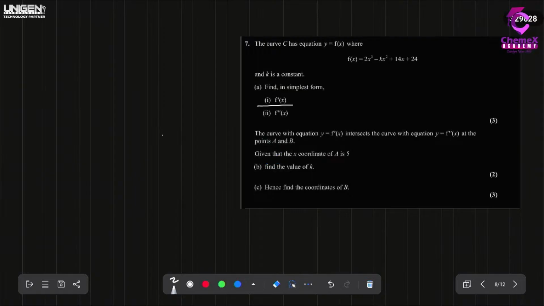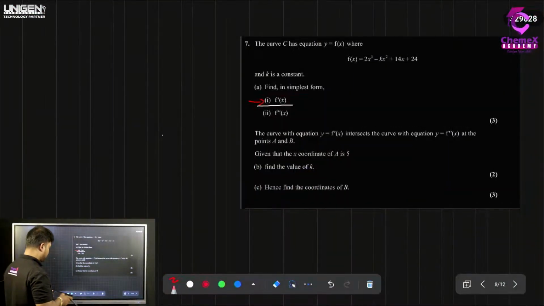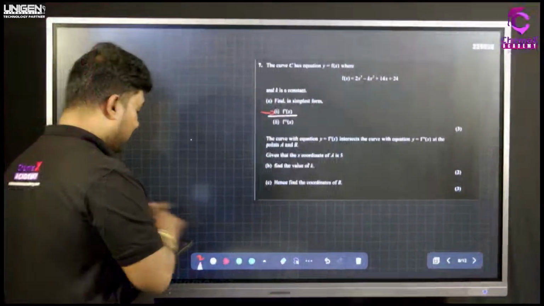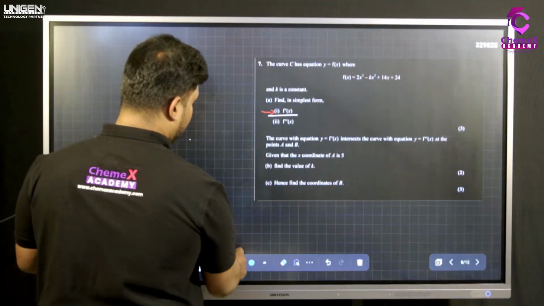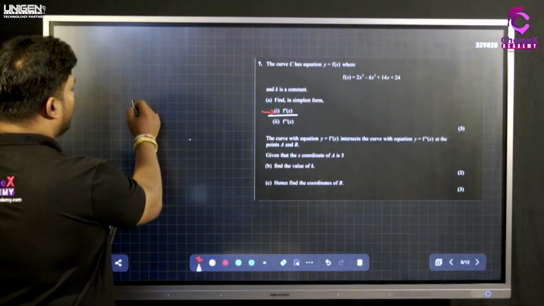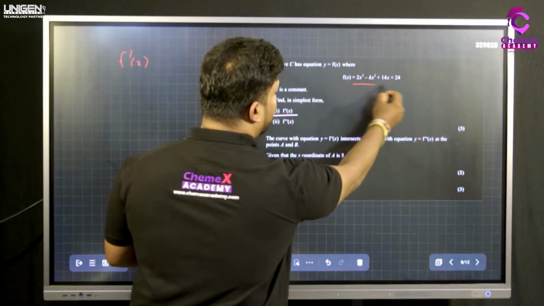So first part, f dash x. F dash x is what? Differentiation. So if you differentiate fx, how do you differentiate? I'm going to differentiate looking at here itself.